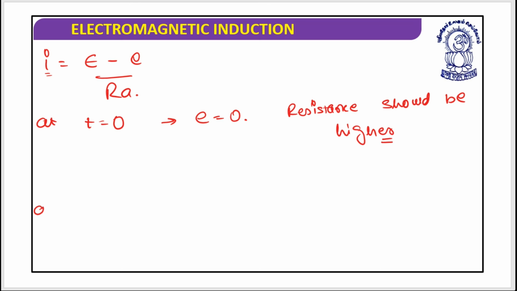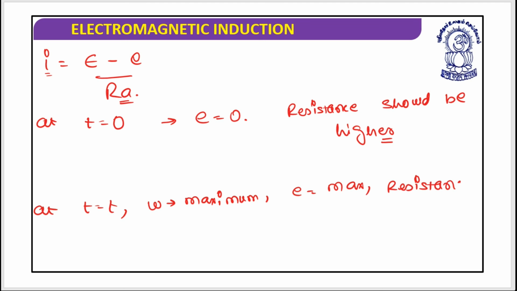And let's say at t equals t, when omega is maximum, at that time back EMF is maximum. So at this point of time, I decrease the resistance; the resistance should be minimum. In this manner, I can save my motor and prevent it from dying out.